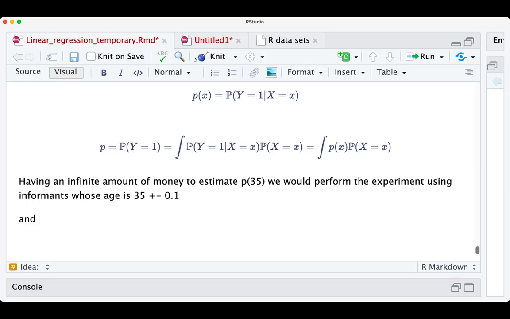And in general, we can repeat it for different ages, and the p of x will change.